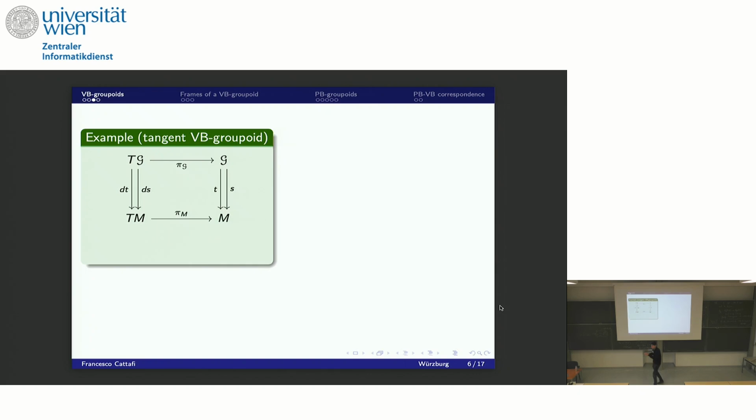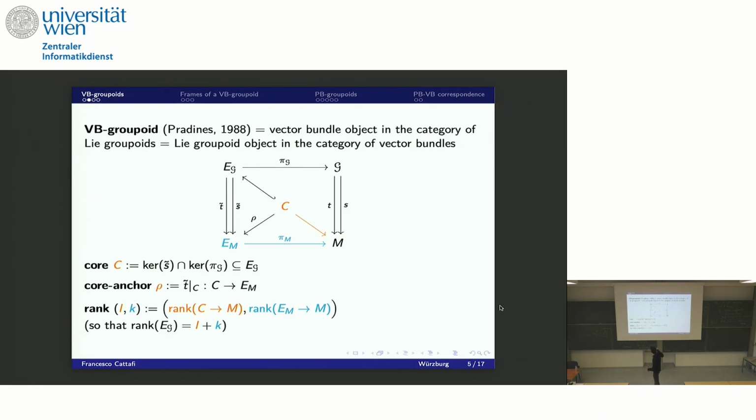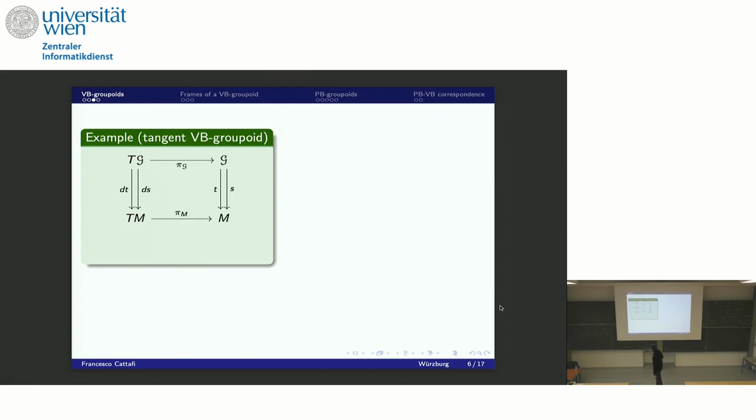And then, yes, please. Is this in some kind a semi-direct product? In general, one can actually look at making various kinds of semi-direct products, in particular of the core and the base, to build a new VB-groupoid. For a Lie group, that's a semi-direct product of the Lie algebra with the group. So this could be a semi-direct product of the groupoid with its algebroid.